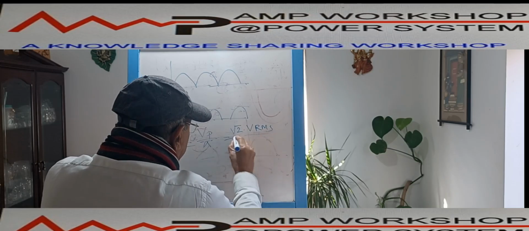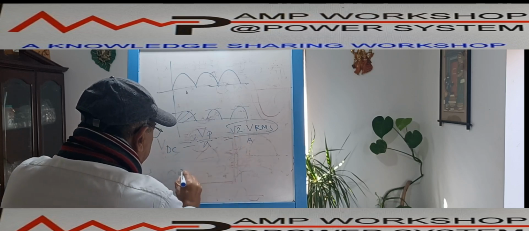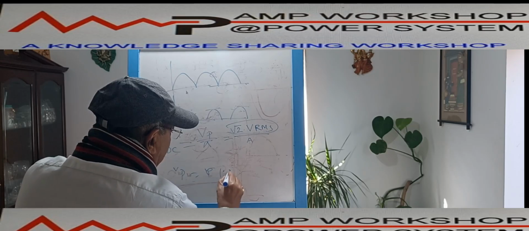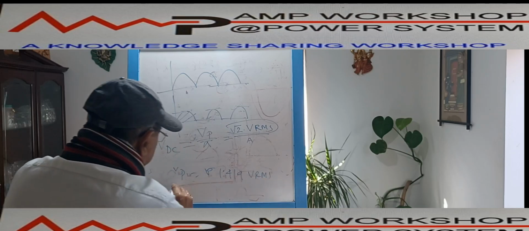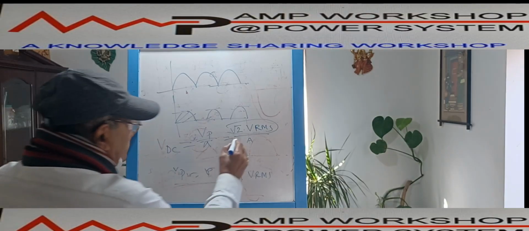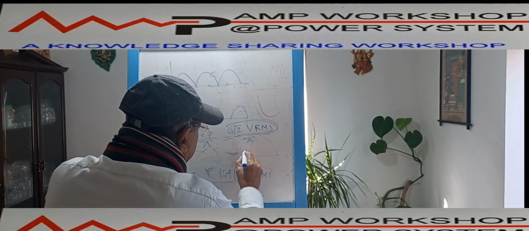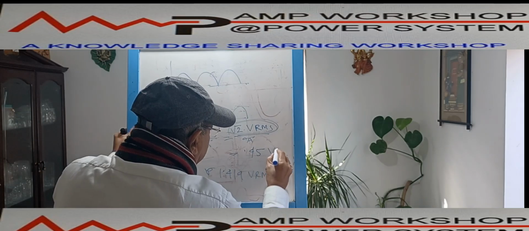VP is equal to √2, that is 1.414, into VRMS. That is the VP and VRMS relation. So if we replace VP by this and divide by pi, we get approximately 0.45 VRMS.